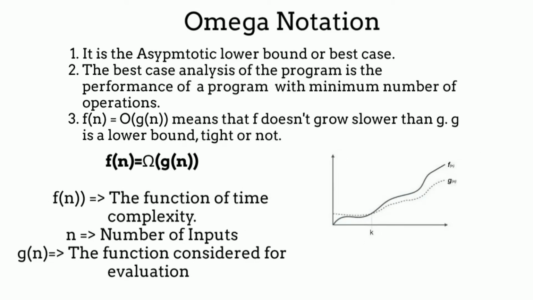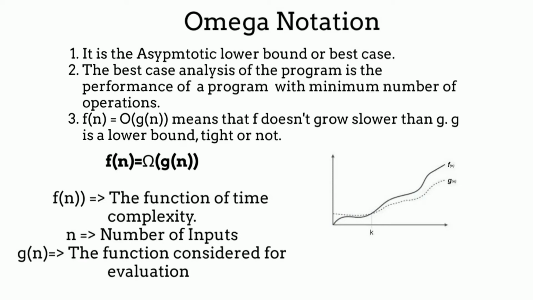What is omega notation? Omega notation is the asymptotic lower bound or the best case. The best case analysis of a particular program, when it is given the minimum set of operations or minimum complexity, is indicated by omega notation.